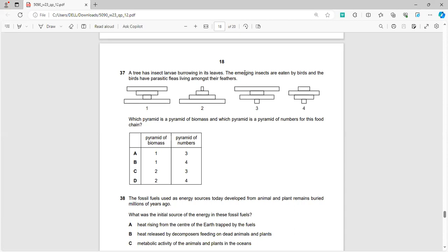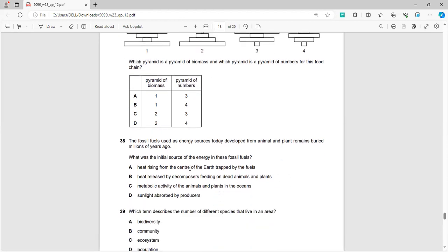However, if we represent the same thing on the pyramid of numbers, there would be a single tree, represented underneath by a single block, and in complete contrast, these larvae have very negligible weight, but they would be present in large numbers, probably thousands. So they are represented by a broad rectangular block. So the correct option is 2 and 3C.